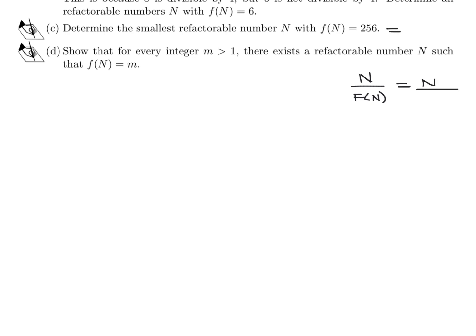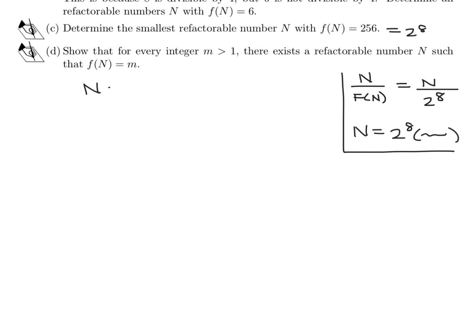And 256 is what? 2 to the power of 8. So I don't know what n is, but n has to have at least a 2 to the power of 8 in it, and then it could have a whole bunch of other stuff. That's the only way n could be divisible by 2 to the power of 8. So that's a very important thing. Okay, we've got to do a little bit of experimentation here because it's not that clear.